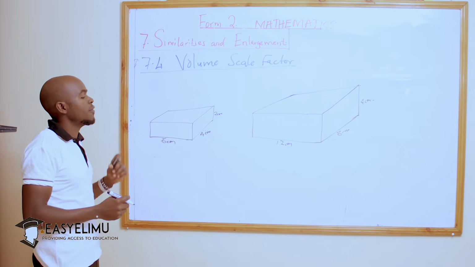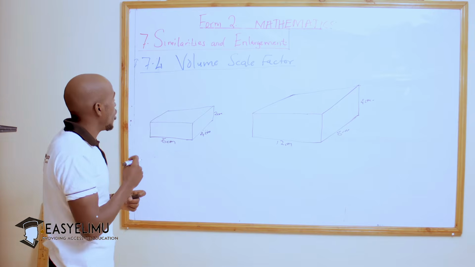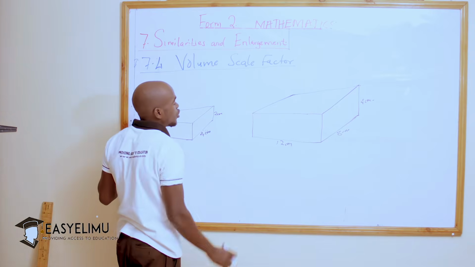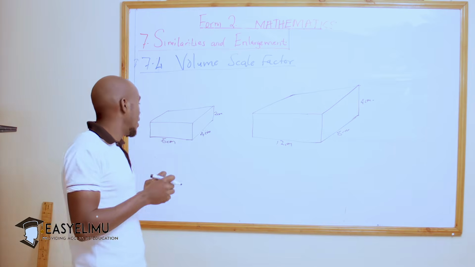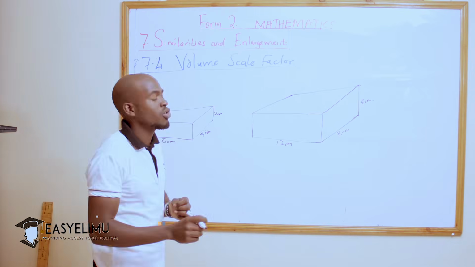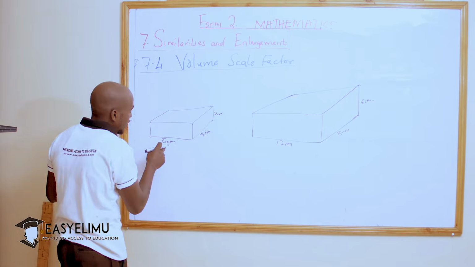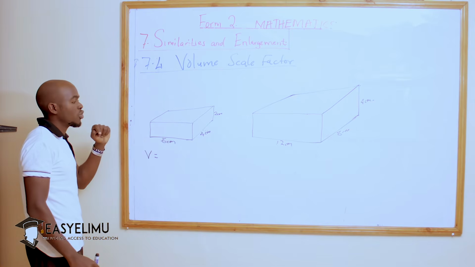So in that case, if we have the two, you can calculate the volume of the corresponding cuboids, and these two cuboids are similar. They are similar in that if you calculate the volume, they will have a certain kind of relationship. Let's calculate the volume of this cuboid.